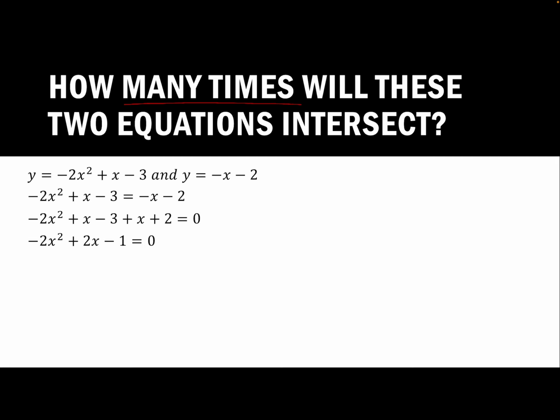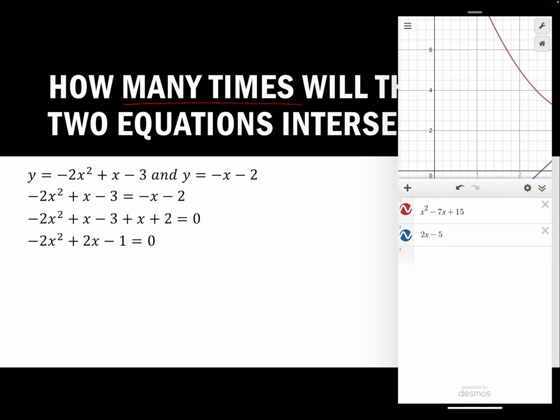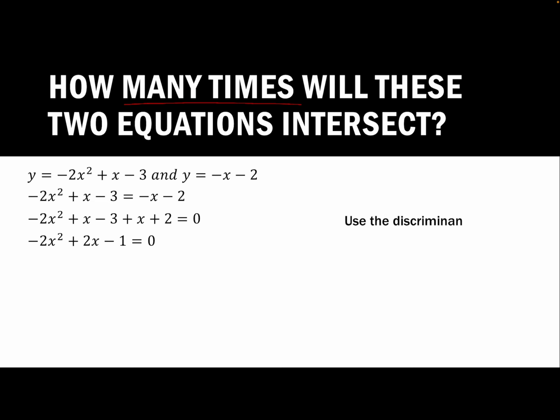Okay, we now have a new quadratic. So instead of solving for the solutions to this quadratic, all I'm going to do is use what I know about the discriminant. Use the discriminant b squared minus 4ac to find the number of solutions.